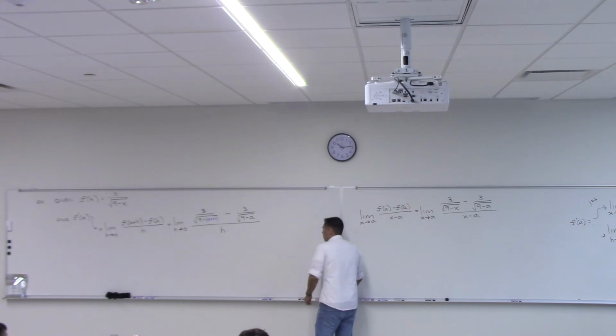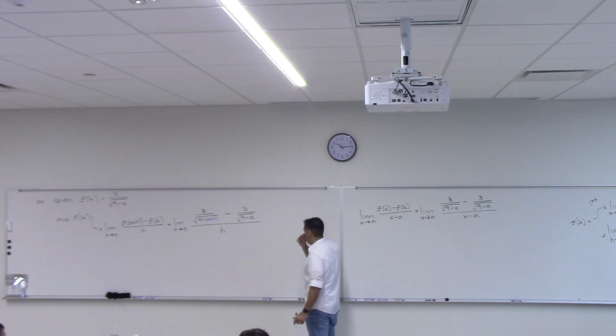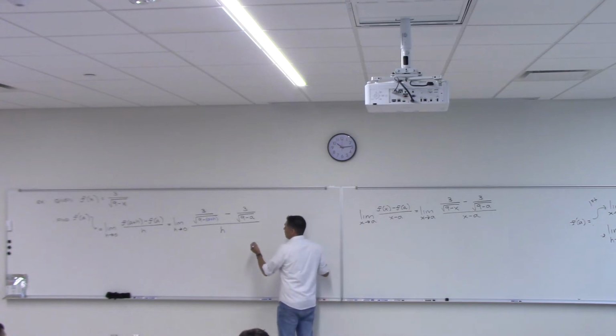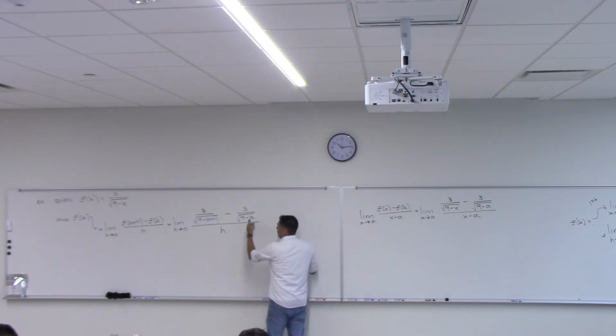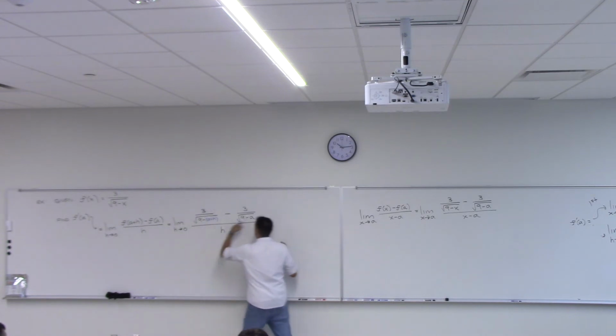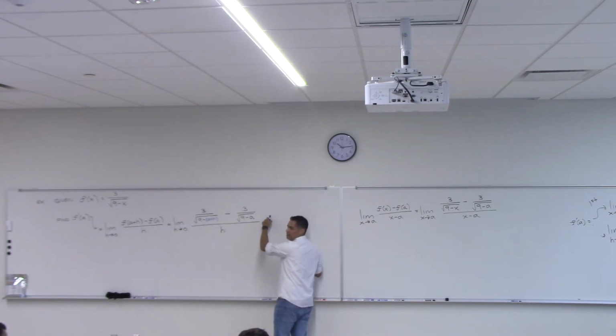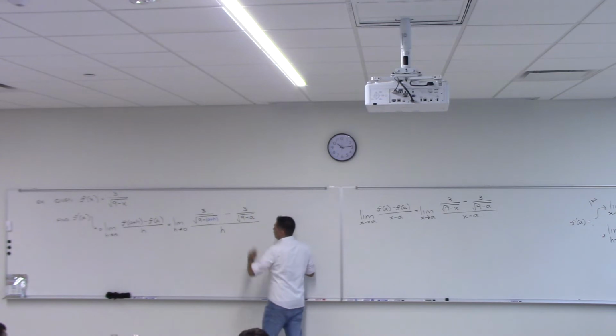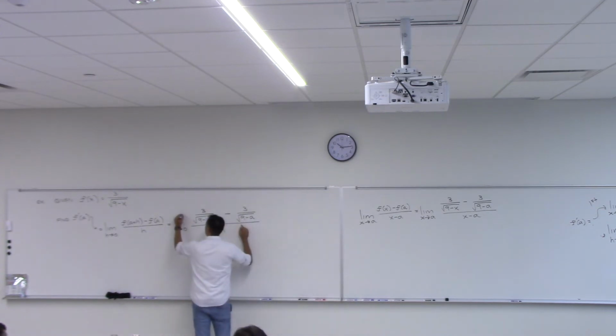Algebra students always seem to make this more complicated than it has to be. Basically what you need is this entire denominator on the top and bottom here, and this entire denominator on the top and bottom here. So I'm going to do it in a different color: root 9 minus a on top, root 9 minus a on the bottom.